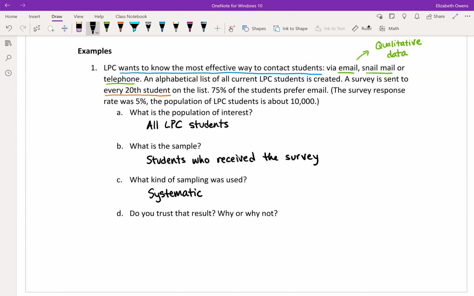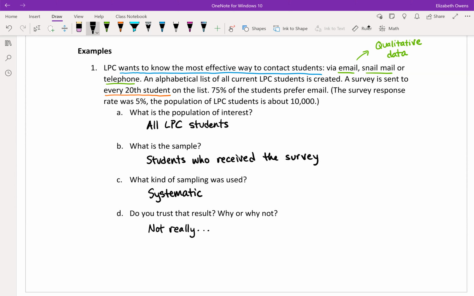And from that sample, we find that 75% of the students prefer email. But the last part of the question here is, do you trust that result? Why or why not? You think about that for just a second. You can pause the video here if you'd like. But personally, I would not really trust that result, not in a scientific sense here.